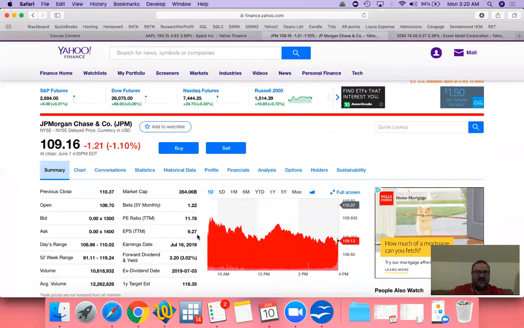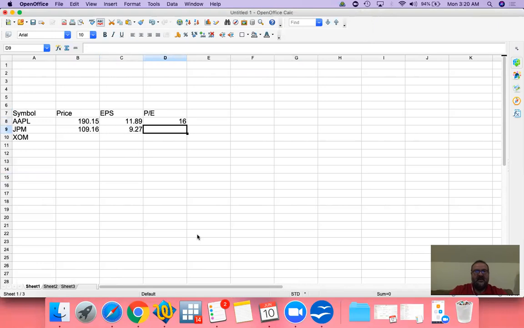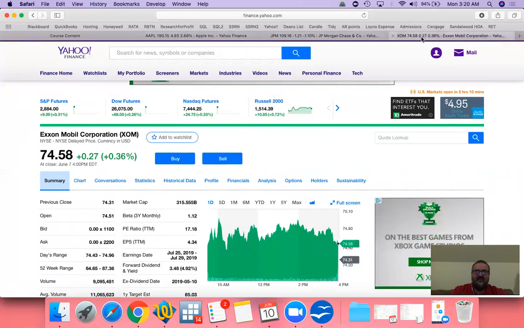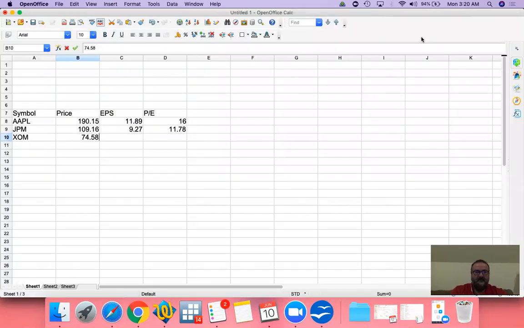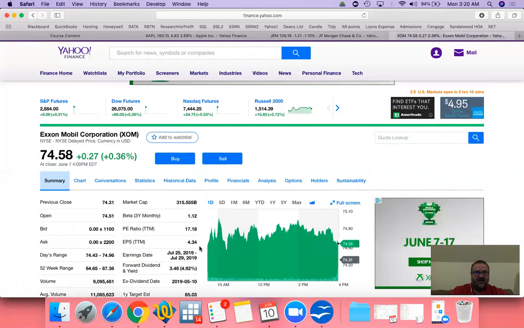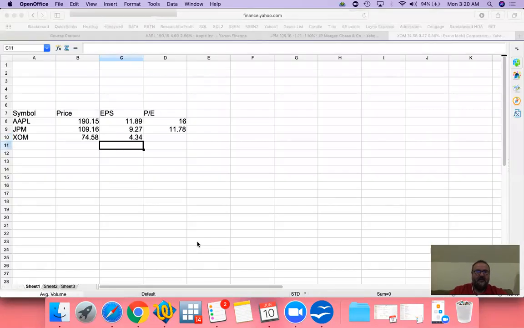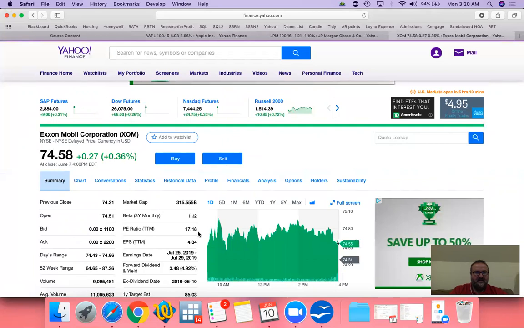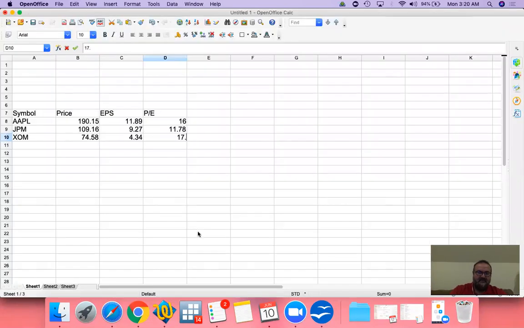Earnings per share is $9.27, and PE is 11.78. Now Exxon has a price of $74.58, and then earnings per share is $4.34, and the PE is 17.18.